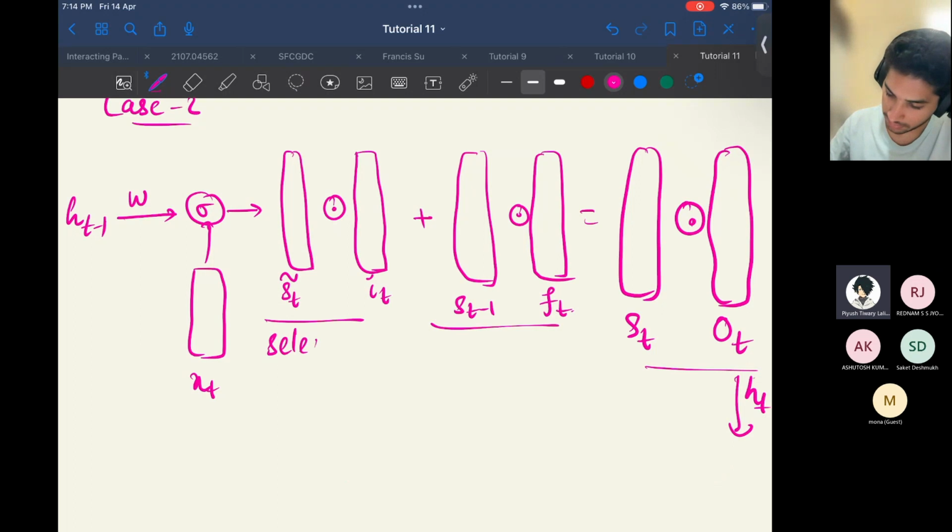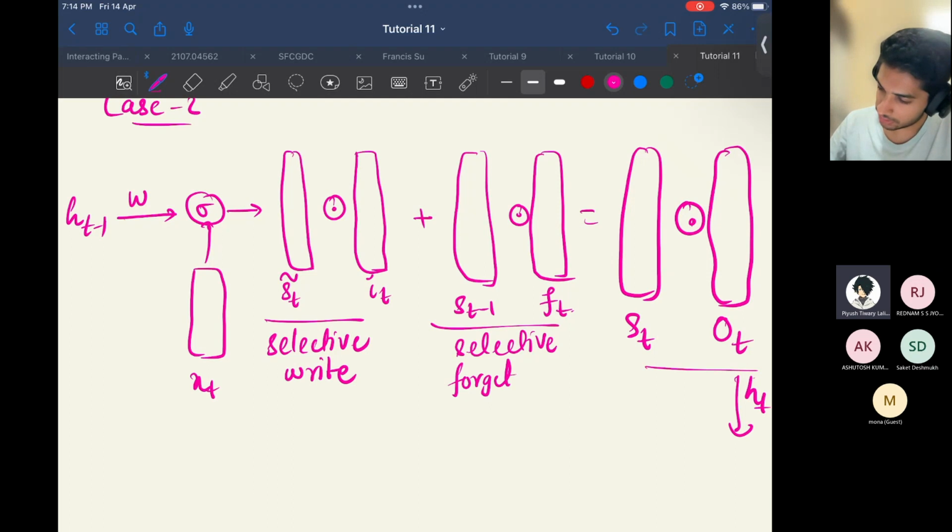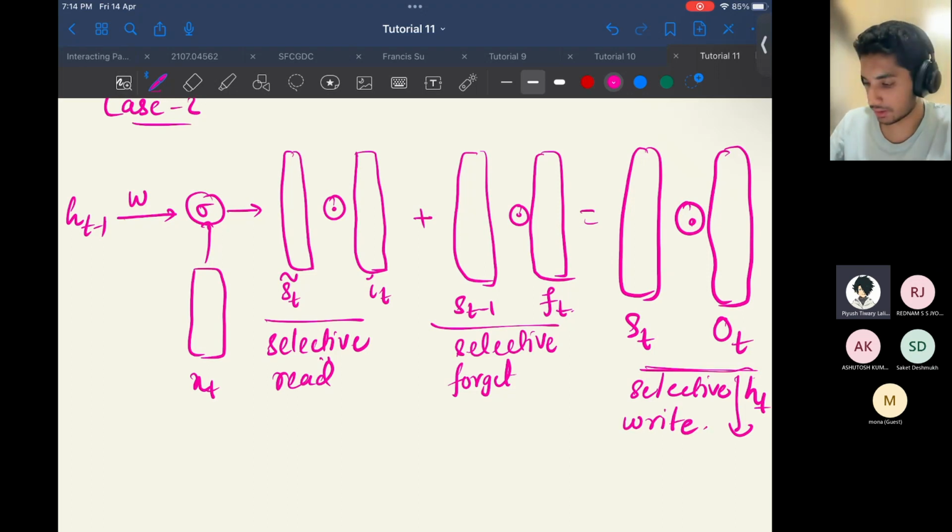This is your selective read operation. This is your selective forget, and this operation is selective write. Sorry, this was selective read. This is the operation.